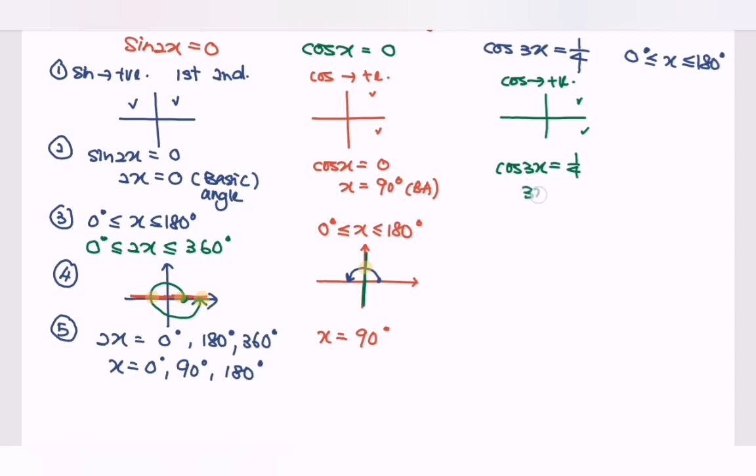So 3x equals to 75.52 as a basic angle. The range will be 0 until 180. So 0 until 3x until 540 degree. Step number 4, the rotation.